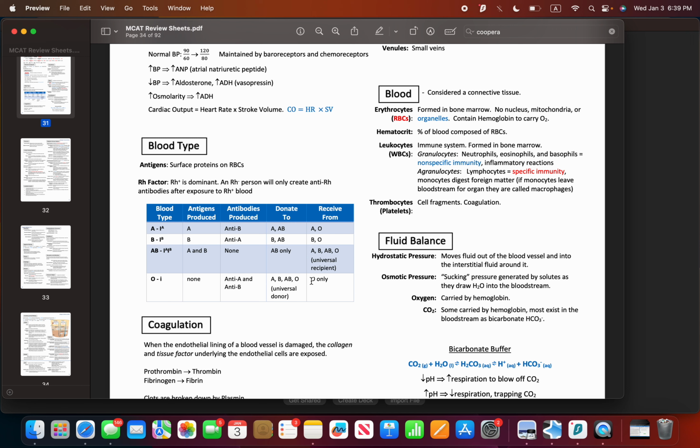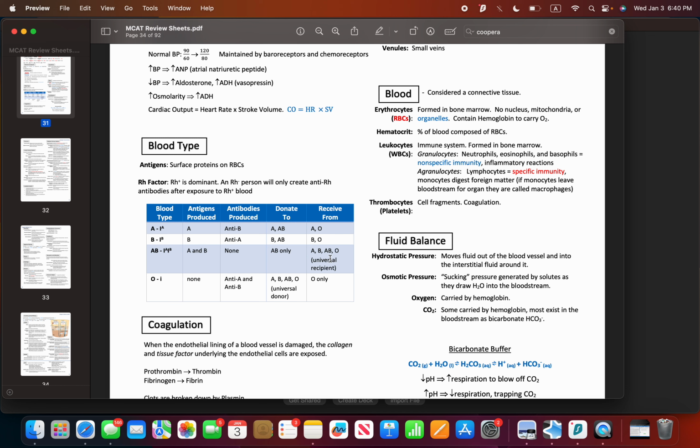And it is so. If O individuals are universal donors, then they can receive from only O people, because they have antibodies of anti-A and anti-B, so they cannot receive from A or B or AB, right? And for the AB individuals, they can receive from everyone because they have no antibodies.